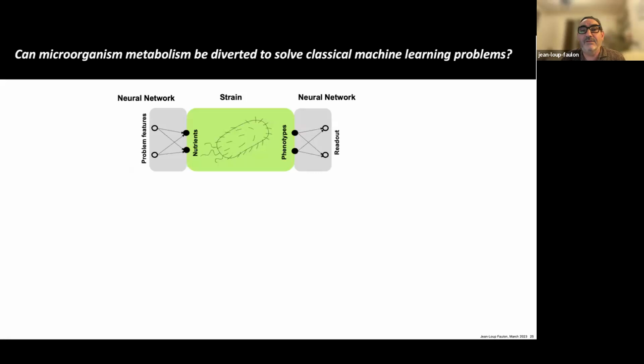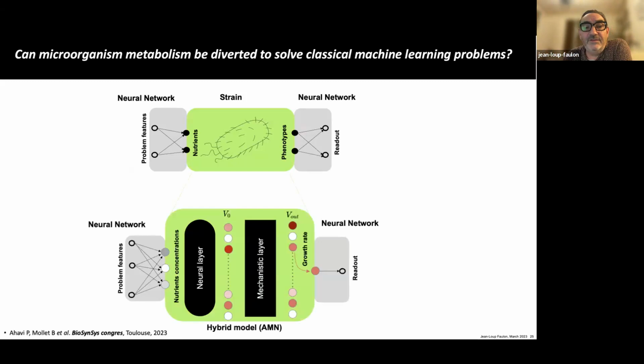So now let's go back to our problem of trying to solve some classification or regression problems. Here again, we start with problem features. We're going to transform these into nutrients, and we're going to read the phenotype of the strain. And from this phenotype, map that back to the readout of our problem.